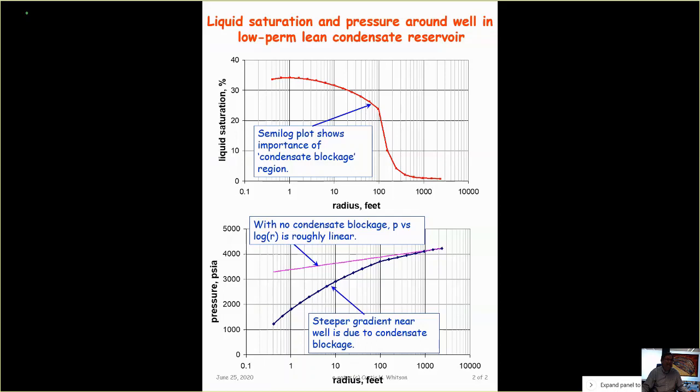This is all region 1, out to about 100 feet. I don't know what the critical saturation of oil is, but if it's 100 feet or 150 feet, it doesn't really matter in the long term. It's really the magnitude of KRG associated with this that's important.